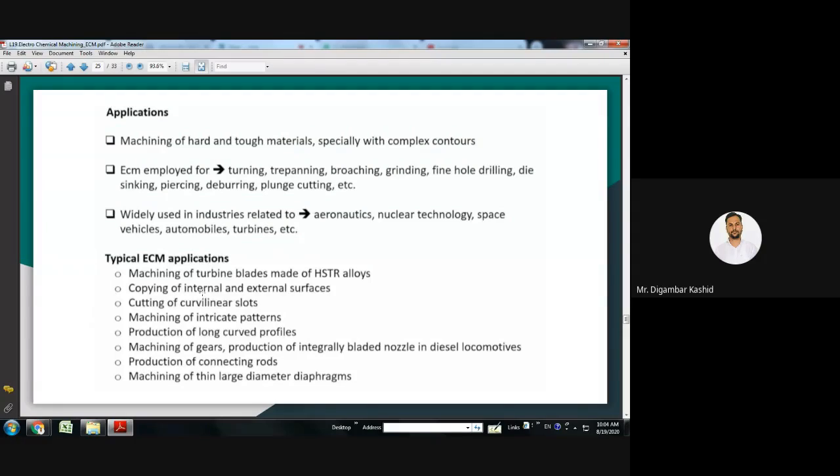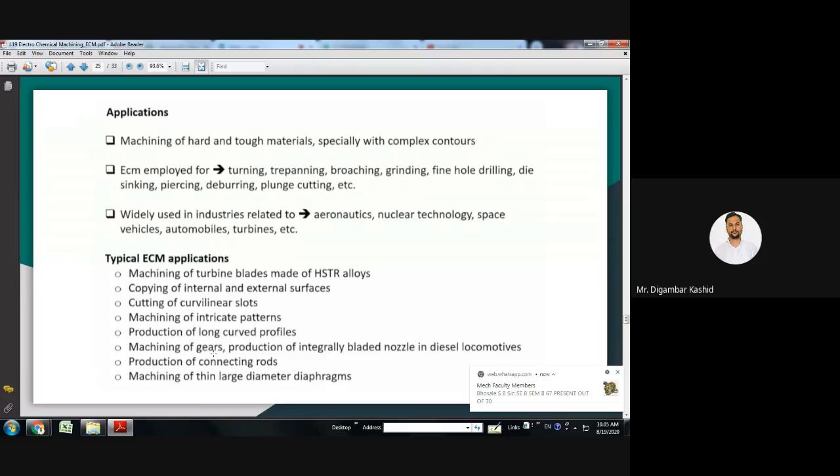Then copying of internal and external surfaces, cutting of curvilinear slots, machining of integrated patterns, production of long curved profiles, machining of gears, production of integrally bladed nozzles in diesel locomotives. For that purpose also we can use this ECM process. So these are some typical applications of ECM.